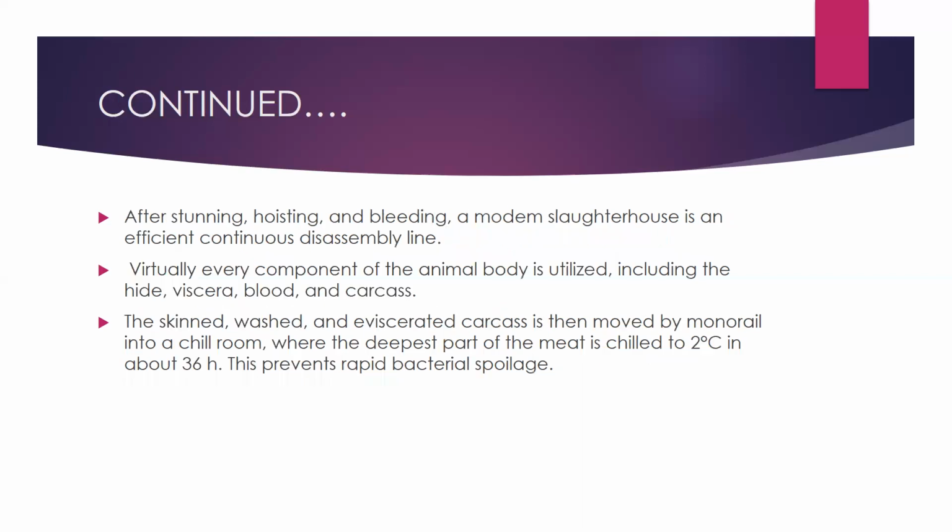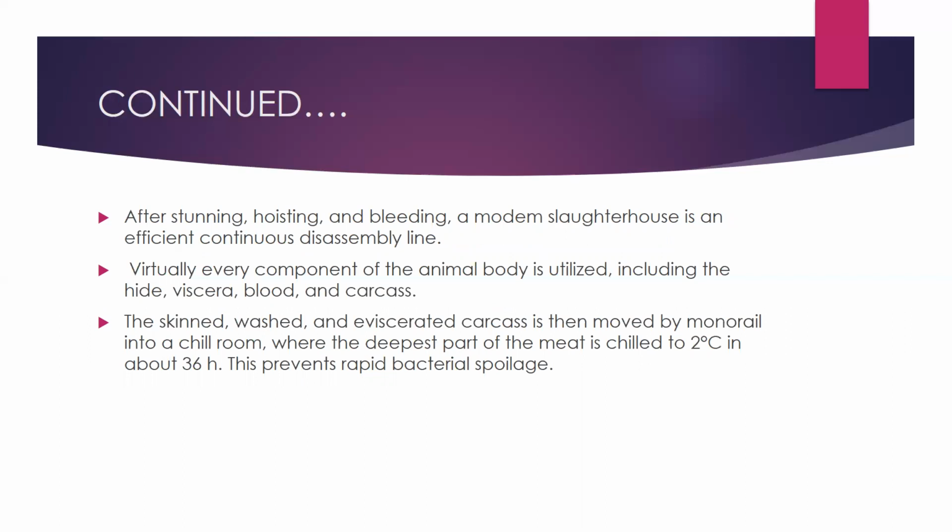After stunning, hoisting, and bleeding, the modern slaughterhouse is an effective continuous disassembly line, and all the components of the animal body are utilized, including the hide, the viscera, the blood, and the carcass. The skinned, washed, and eviscerated carcass is then moved to a chilling room, and the meat is chilled to 2 degrees Celsius in about 36 hours.